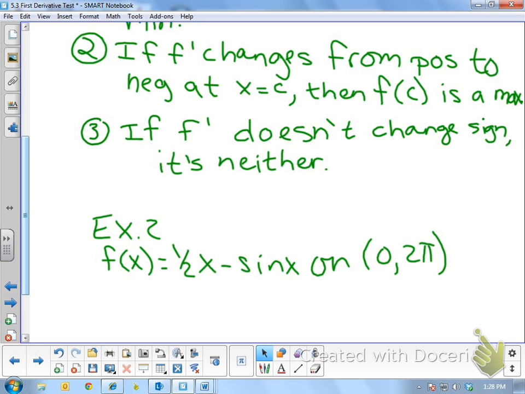No. The only reason they gave us an interval is because when we're working with trig functions, we could be getting an infinite number of answers, so we have an interval just so we don't get an infinite number of answers.